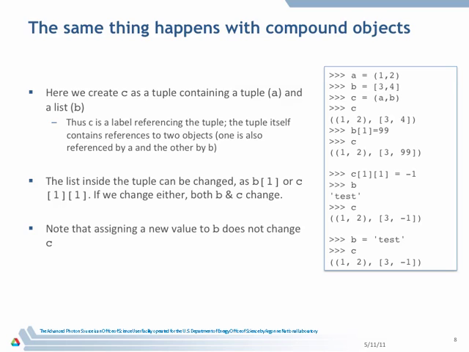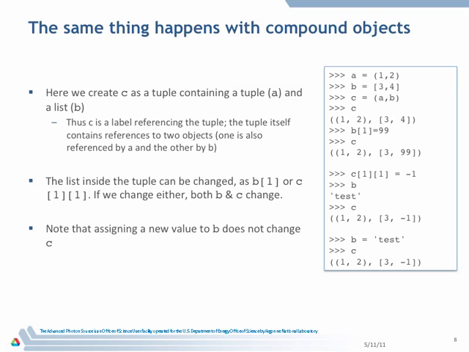Why? Because this tuple effectively contains two things. It contains a pointer to this, and it contains a pointer to that. So by changing this, I change it there.